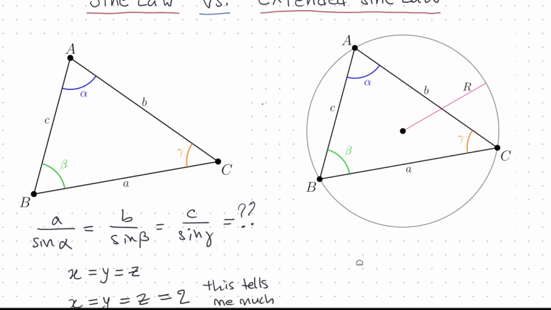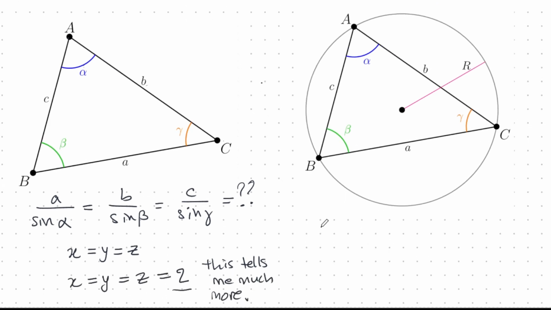And this is our extended sine law. a over sine alpha is b over sine beta, and this is equal to c over sine gamma. And in this figure, this R, this is what our terms are equal to. It's 2R, the diameter of this circle.